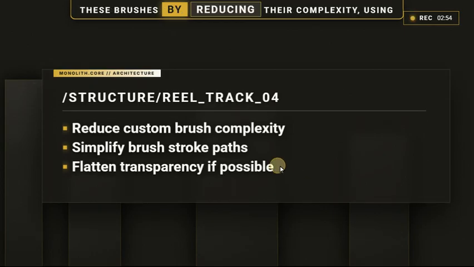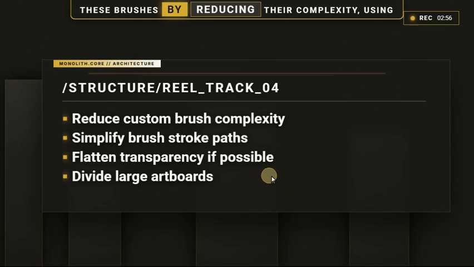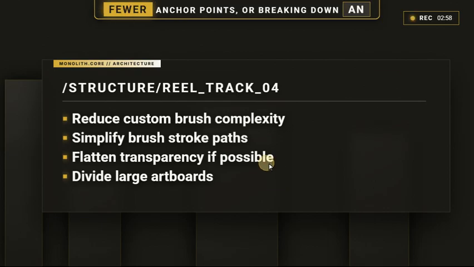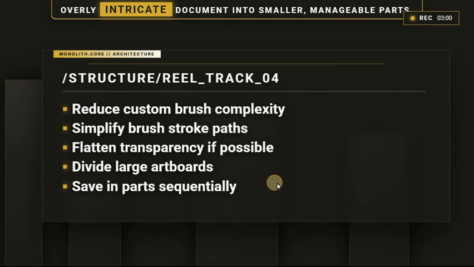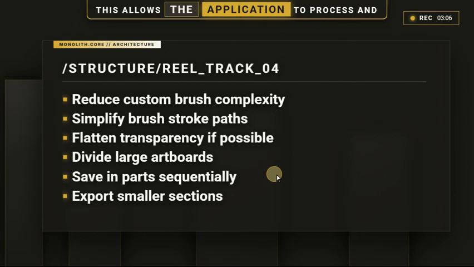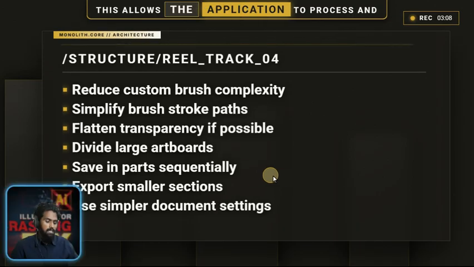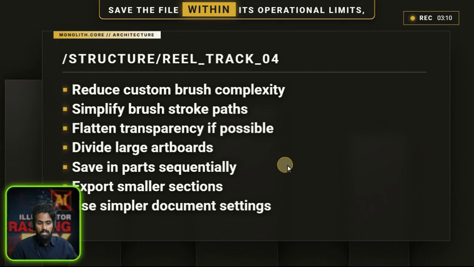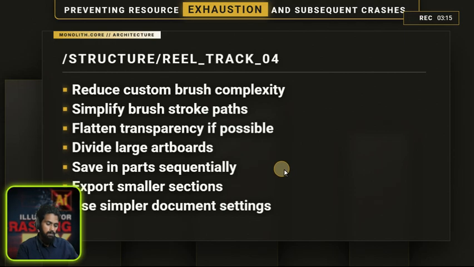Simplifying these brushes by reducing their complexity, using fewer anchor points, or breaking down an overly intricate document into smaller, manageable parts directly reduces the strain on Illustrator's engine. This allows the application to process and save the file within its operational limits, preventing resource exhaustion and subsequent crashes.